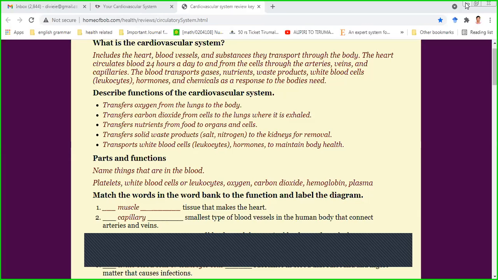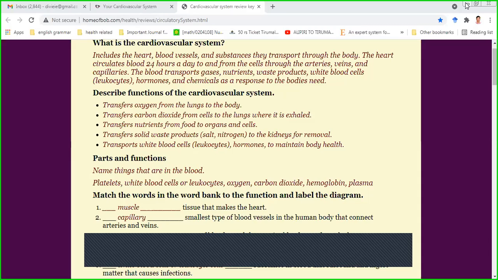The circulation path above the heart is called the superior vena cava, and the circulation path below the heart is called the inferior vena cava.